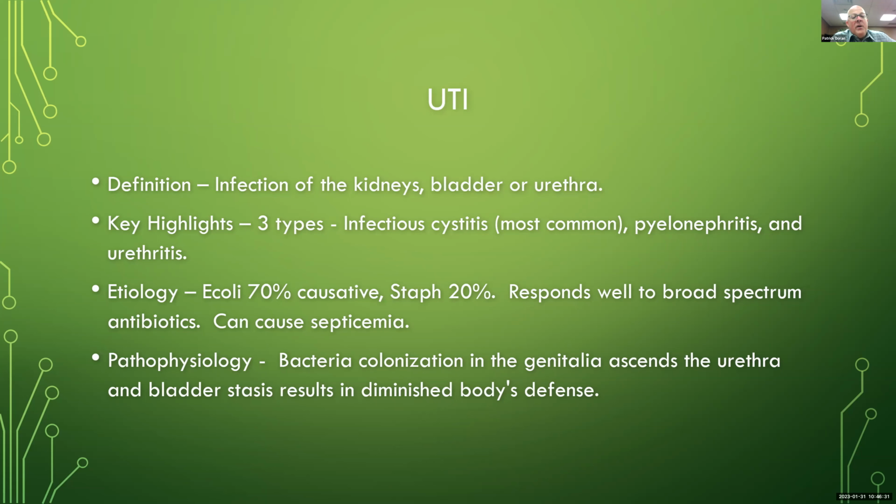Our patho is bacteria colonization in the genitalia, ascends up the urethra and into the bladder. Bladder stasis, or the inability to clear our bladder on a regular basis, results in our body's diminished ability to fight and defend from UTIs. And that's kind of how it gets started.